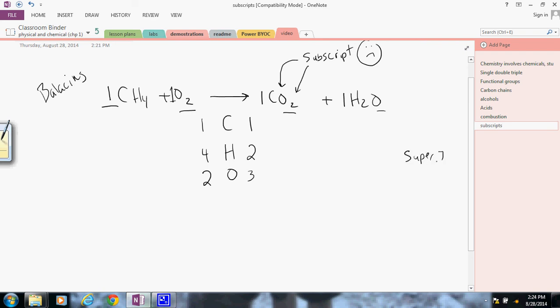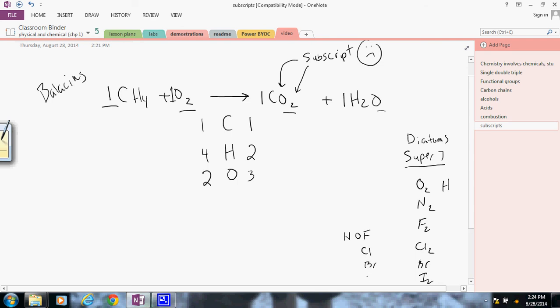And it would be oxygen, nitrogen, fluorine, chlorine, bromine, and iodine, and of course the last one is hydrogen. We call it the super 7 because there are 7 of them. On the periodic table, they happen to form the shape of a 7. Nitrogen starts at number 7, and there are 7 of them all together. So either way, that is why there is a 2 starting out right off the bat here.